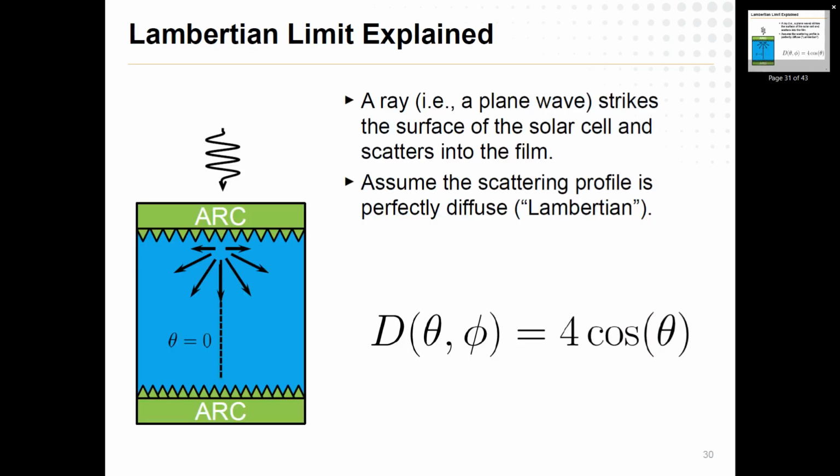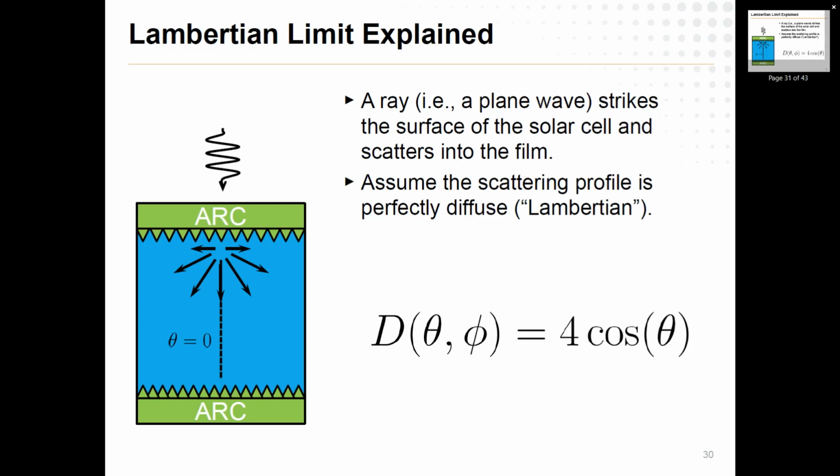So step 1, you imagine a simple ray, a single photon, say, or a laser beam of light coming in, and it hits the reflective coating here and scatters diffusively into my solar cell. So fun fact, a perfectly diffuse scatterer will dissipate the energy in proportion to the cosine of my angle. Don't ask me to explain why. That's just the way things happen when you have rough, bumpy surfaces and you shine light on them.